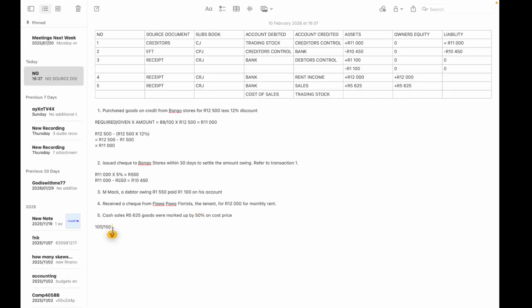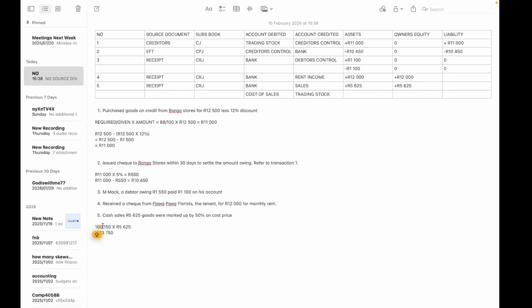So for us to calculate our cost of sales, or our cost price, we say 100 over 150 times 5,625, and this amount is going to give us 3,750. Why?